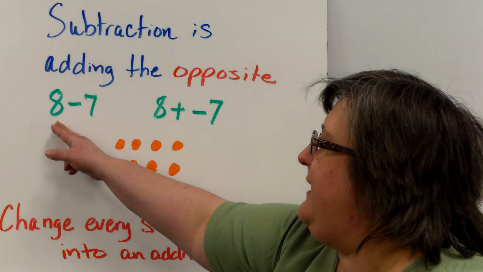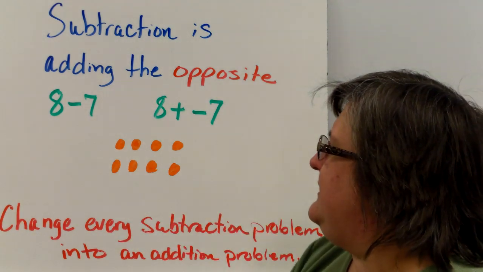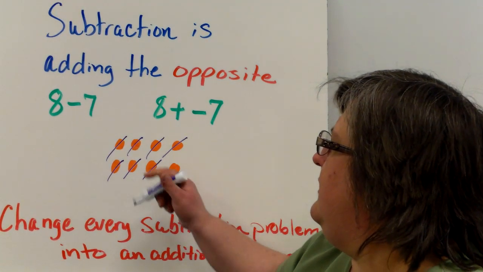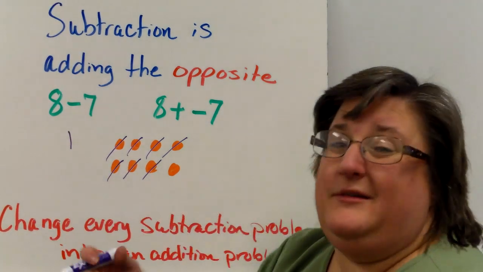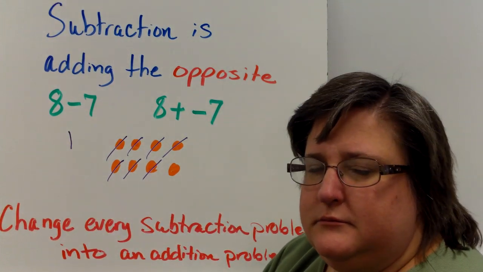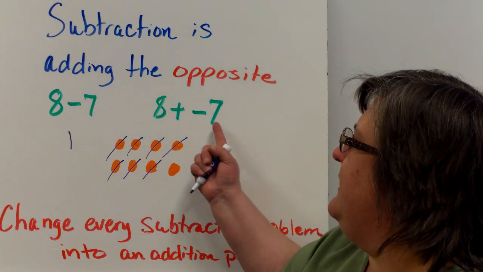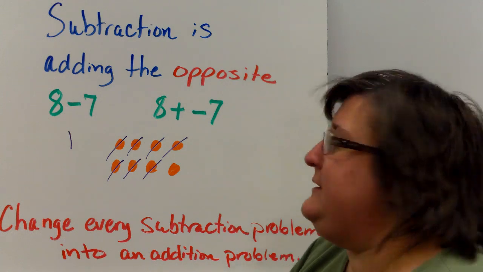Basically here, if you had an 8, which I have here, 8 little circles, and I'm taking away 7, I have only 1 left over. And you knew that probably going in before me even telling you anything. But likewise here, 8 and a negative 7, you've learned before that when the signs differ, you find the difference.